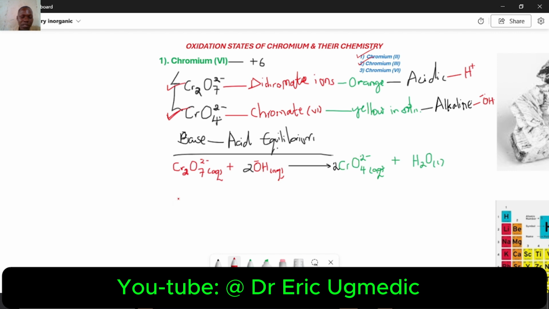What of the chromate in acidic medium? We are saying that if we have a chromate and we add hydrogen ions, it will change to a form which is more stable. So if we added hydrogen ions, this will change to a stable form which is stable in acidic medium, which is the dichromate.